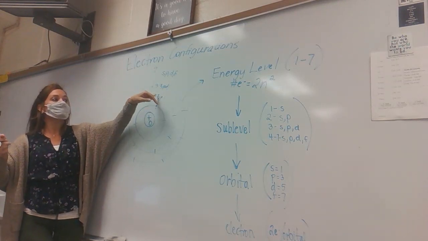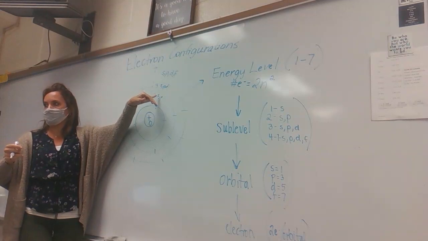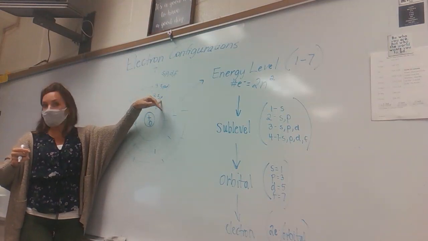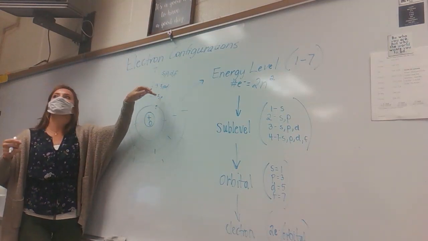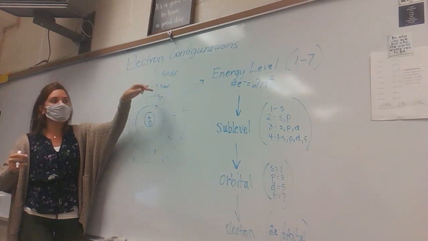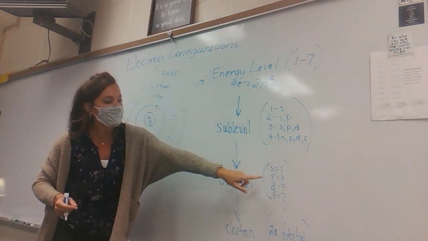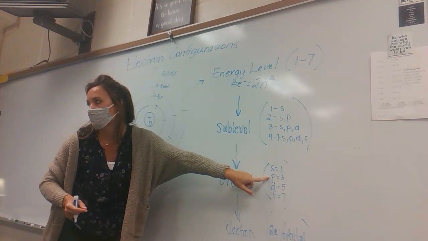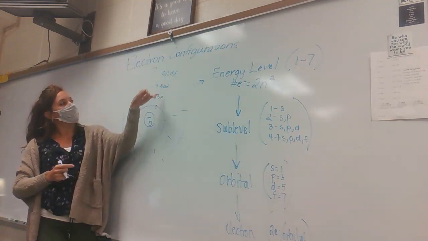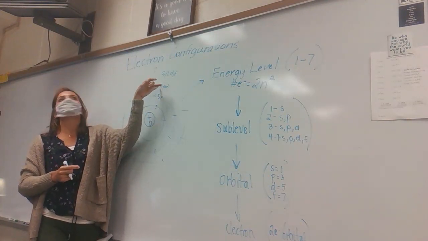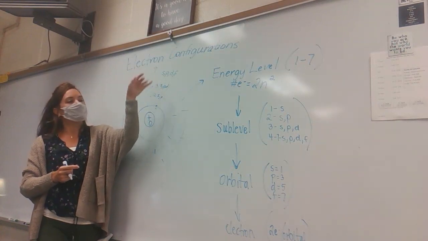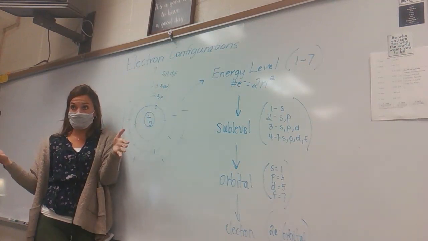Then there's a 2s1 and a 2s2. There's a 2p1, a 2p2, a 2p3, a 2p4, a 2p5, a 2p6, because each one holds 2. And then 3s1, 3s2, 3p1, 3p2. You remember this?